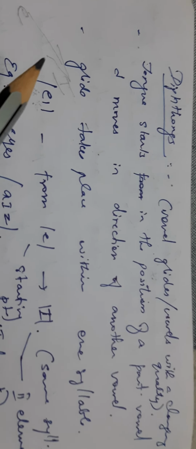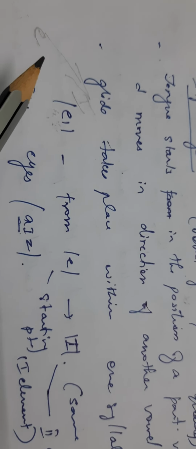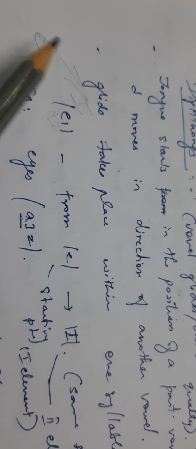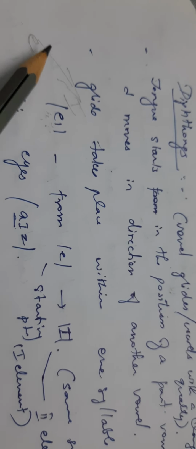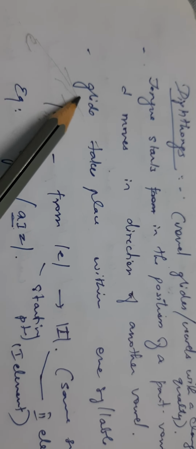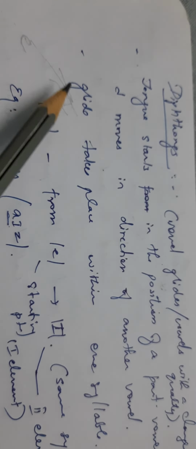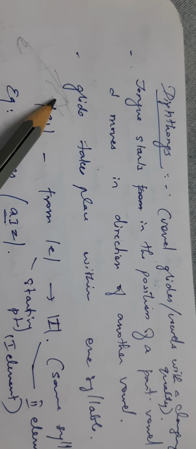Clear? I have marked here just for teaching. So this is the glide movement. From one point it moves to another point, and these two points are nothing but the vowel points in the vowel chart.